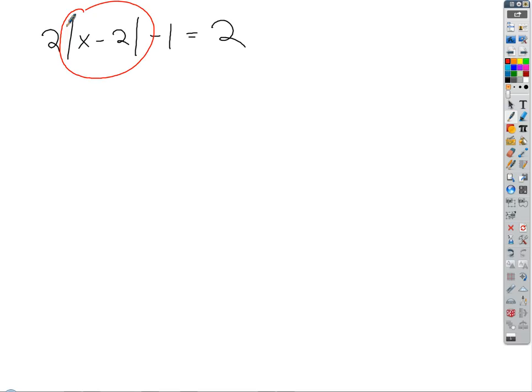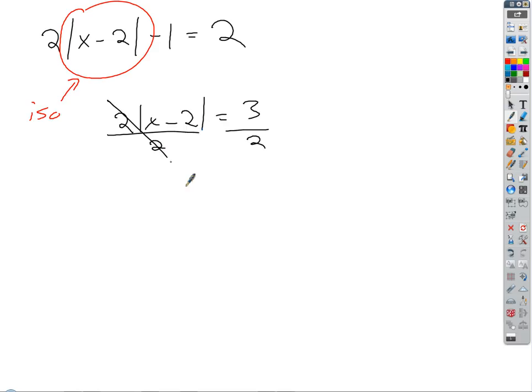You're going to get them by themselves on one side of the equation. So we add 1, divide by 2, and we did it. Right now we've got the absolute value of x minus 2 equals 3/2, right?